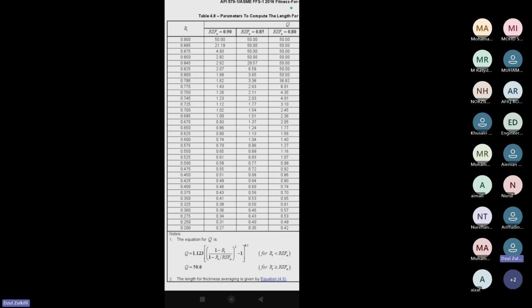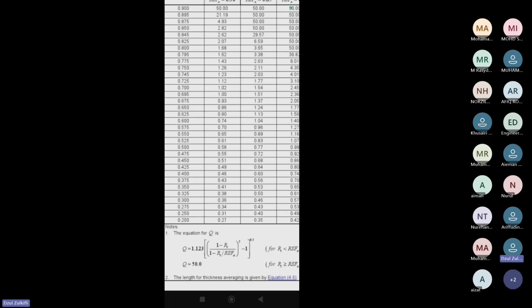Put 0.9 for that, then square it, subtract 1, then take the square root. This is the math part I expect people to do.